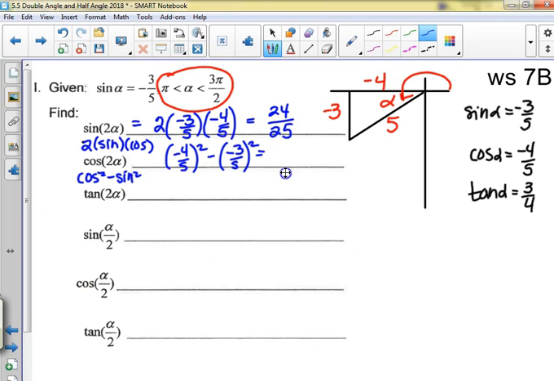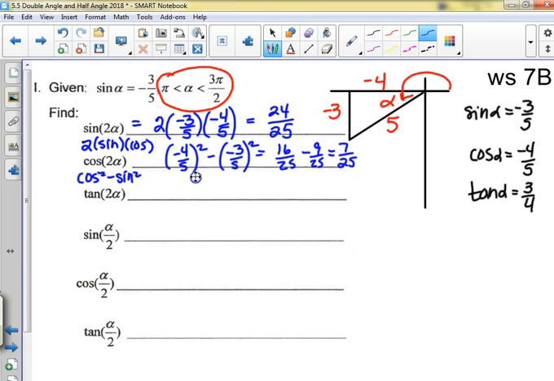A little bit different than the one we did, I think, earlier, because this one's going to come out positive, isn't it? We get 16/25 minus 9/25 equals 7/25. Did you get a positive? All right. Tangent 2 theta. Want to try the formula on the sheet once? Now. All right. Then just put sine over cosine. What will happen?